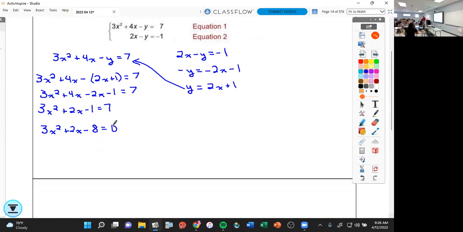How many different x's might solve this? It's a quadratic. How many solutions can there be to a quadratic? 2, right? Okay. How would y'all like to factor this?